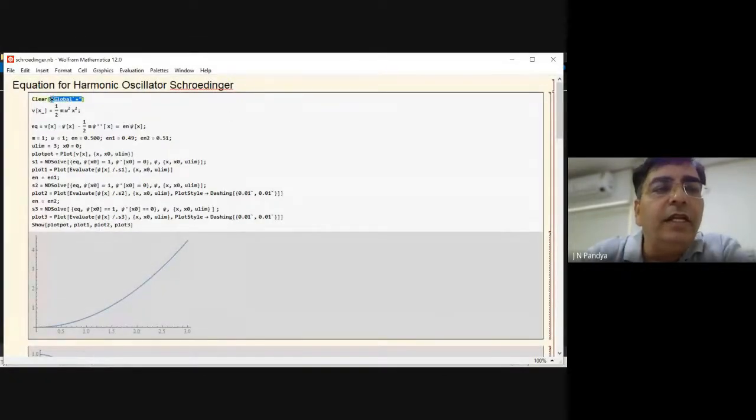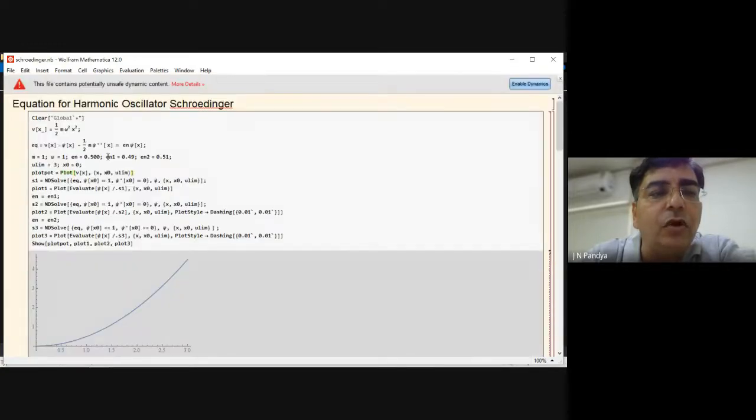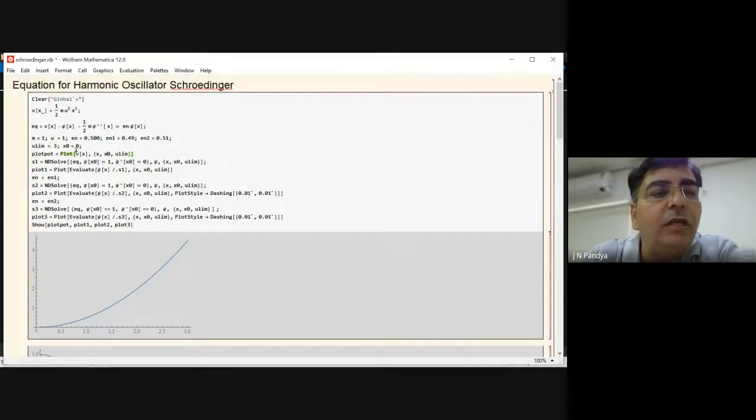This is another way of clearing everything, right? This is the harmonic oscillator Schrodinger equation. What is basically done in this code is you are simply trying to solve the Schrodinger equation using inbuilt features of Mathematica. You have defined one equation for your potential, which is the harmonic oscillator potential. You are defining the mass, the natural frequency omega, and all the basic stuff.